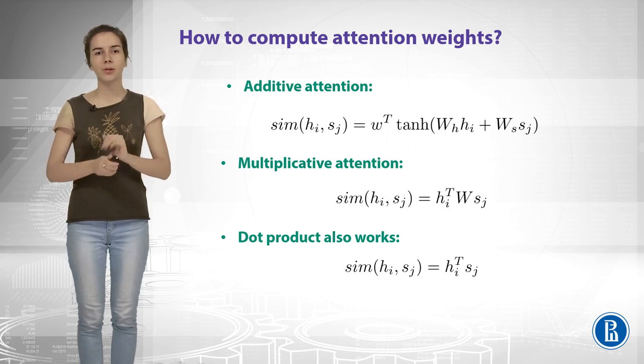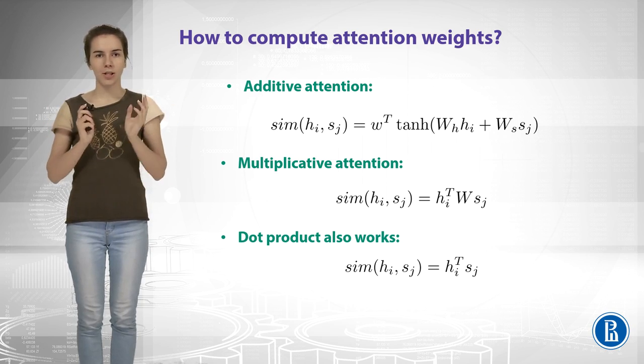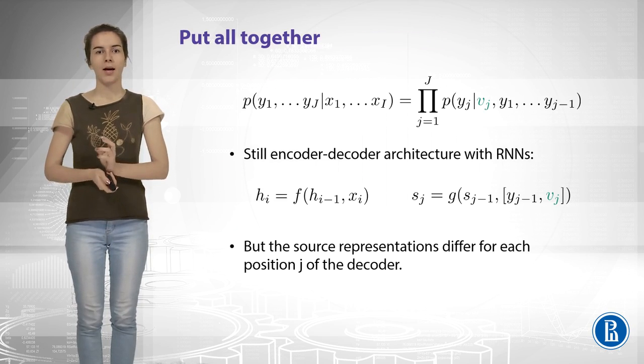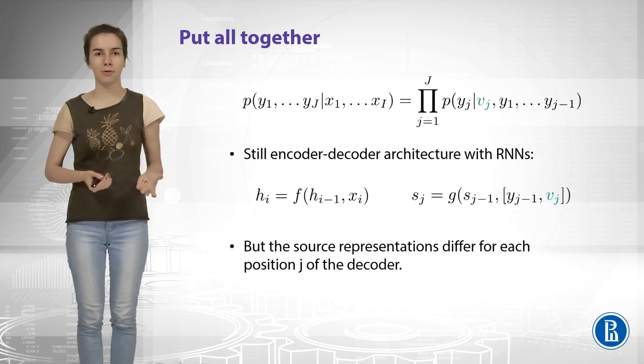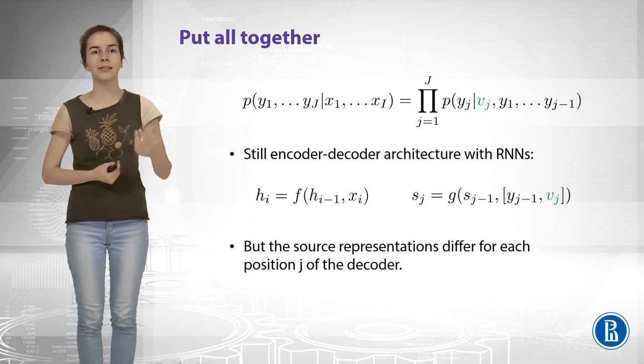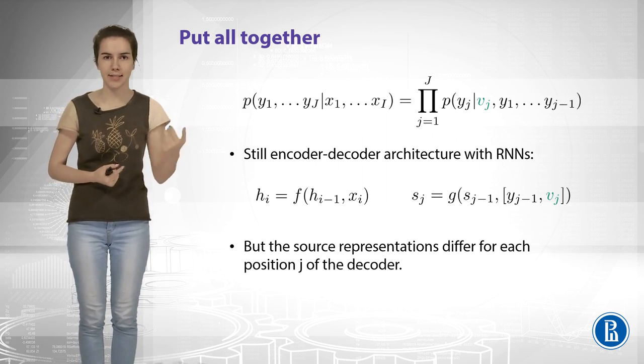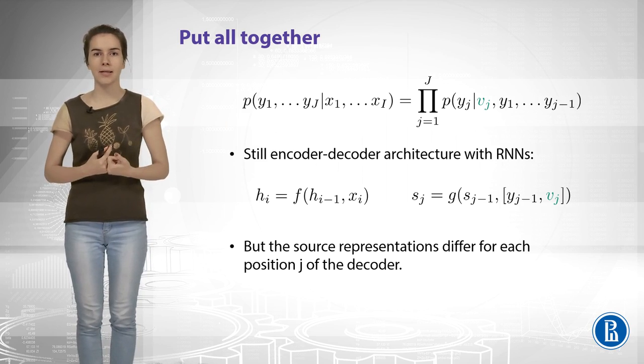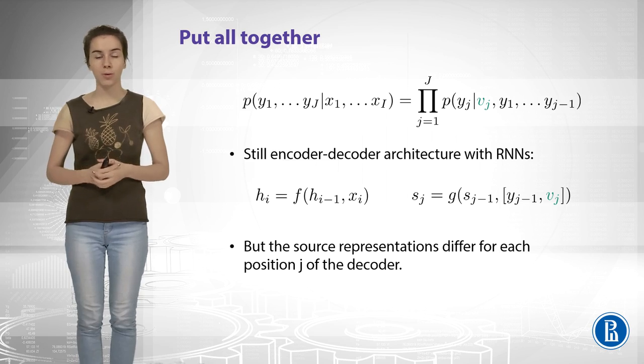Now let us put all the things together just again to understand how does attention works. You have your conditional language modeling task. You try to predict Y sequence given X sequence. And now you encode your X sequence to some Vj vector, which is different for every position.